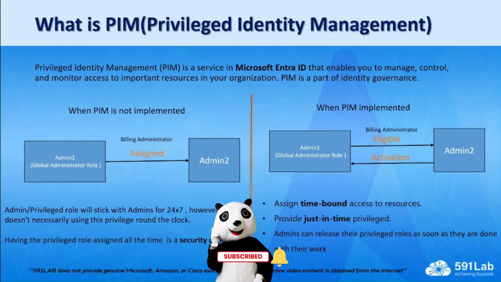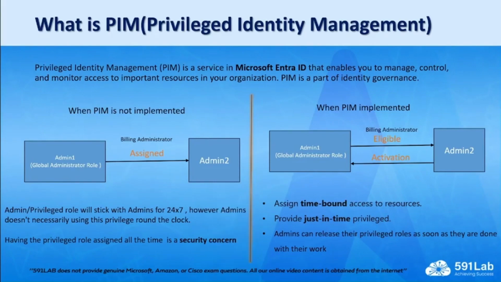So for example, if admin 2 wants to do any admin work where he needs the billing administrator role, then he sends the activation request and mentions for how long he is going to need that role. Once it is approved, then only admin 2 is going to get the role. So it is basically providing time-bound access to the resources.